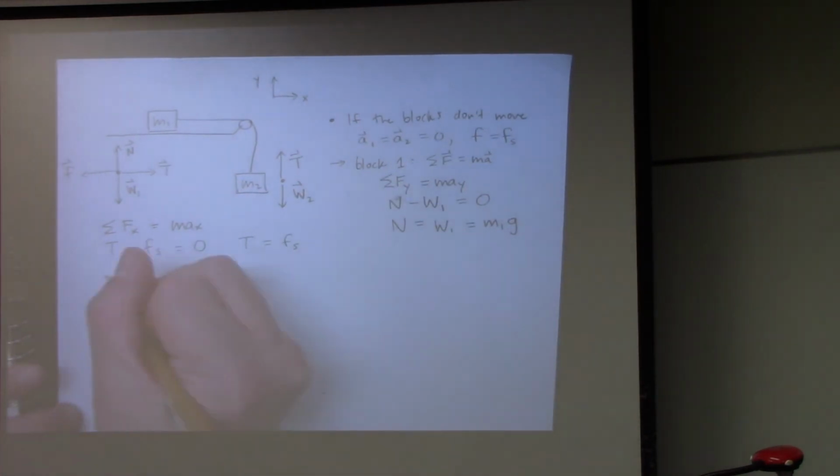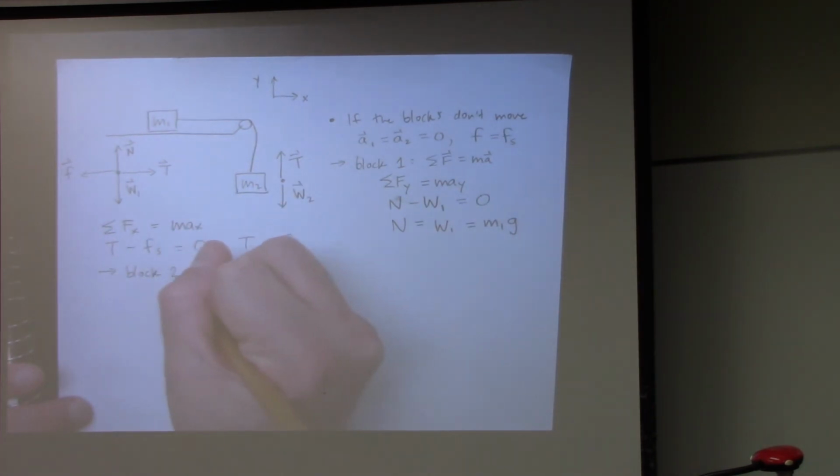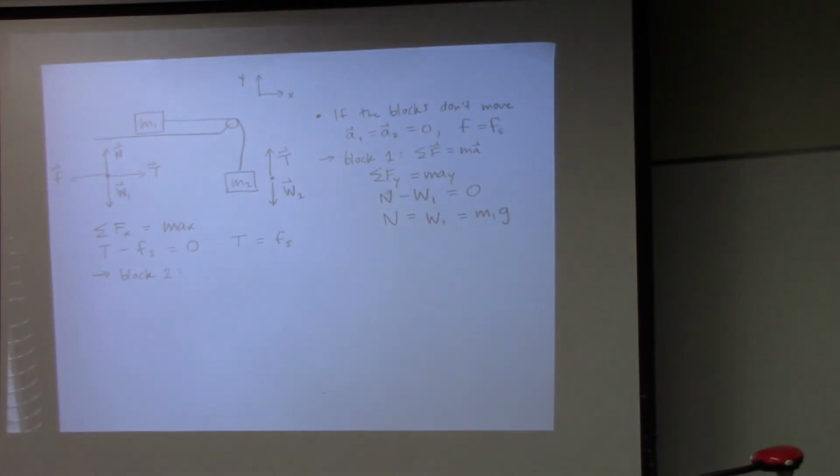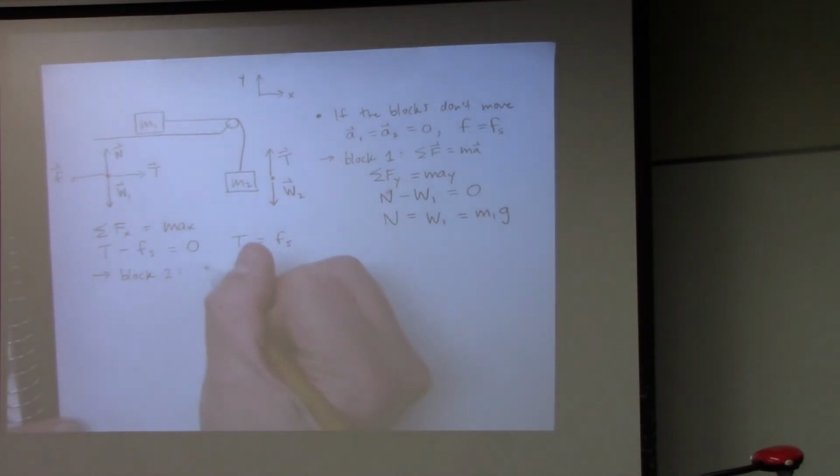Okay, now what we're going to do is apply F equals ma to block 2. Now for block 2, we don't really need to think about the x direction because all the forces are vertical. They're all in the y direction, so let's just jump right to that.